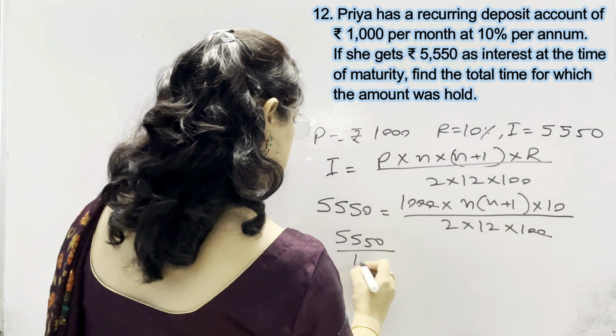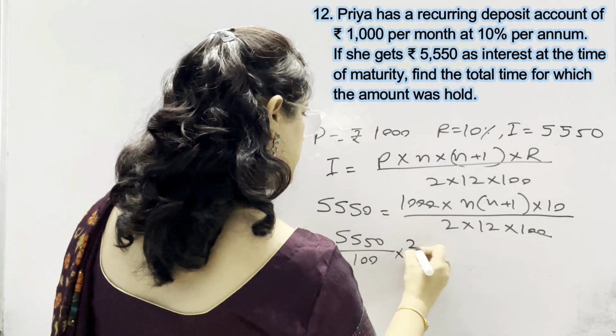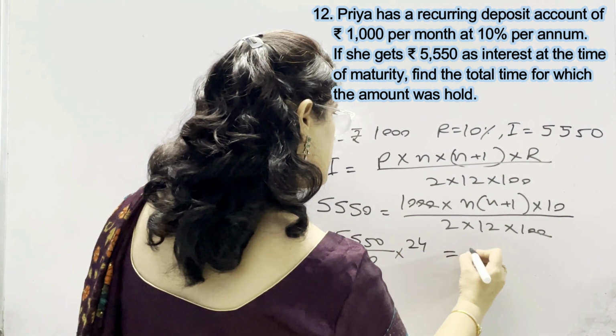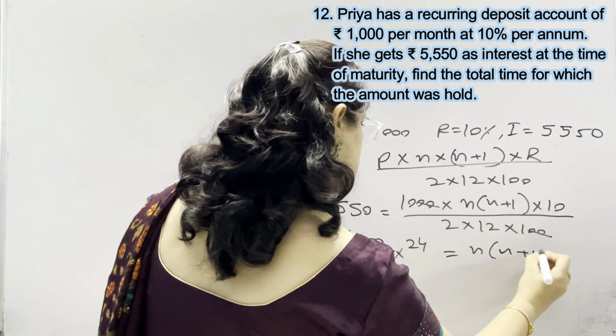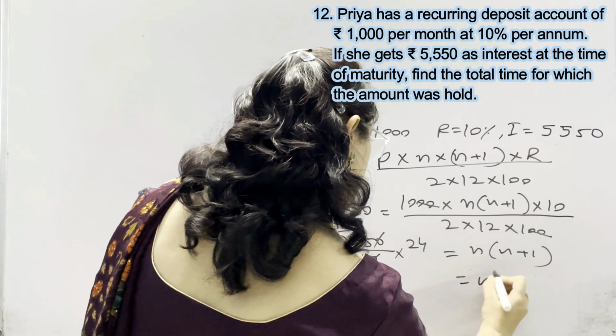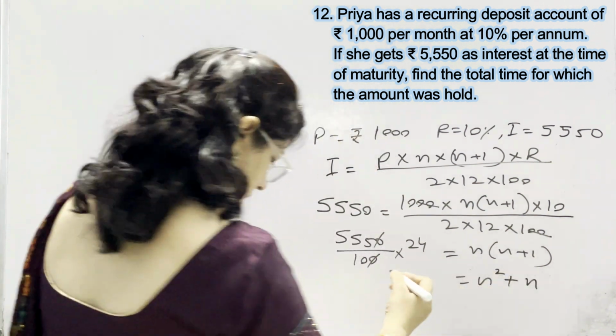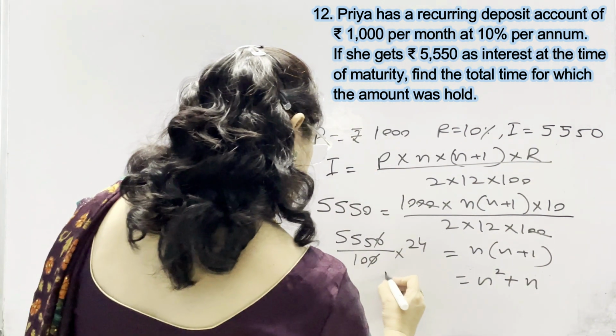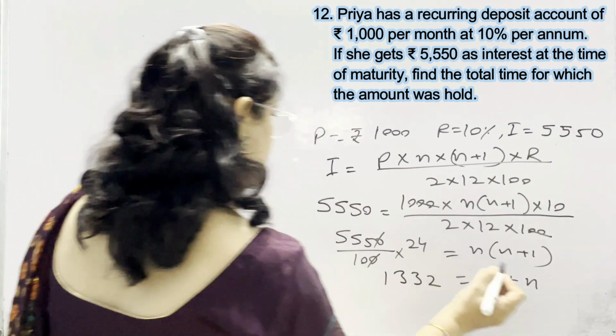Divided by 100 and multiplied by 24 is equal to N and N plus 1. So here we get N square plus N, and on this side we get 1332.